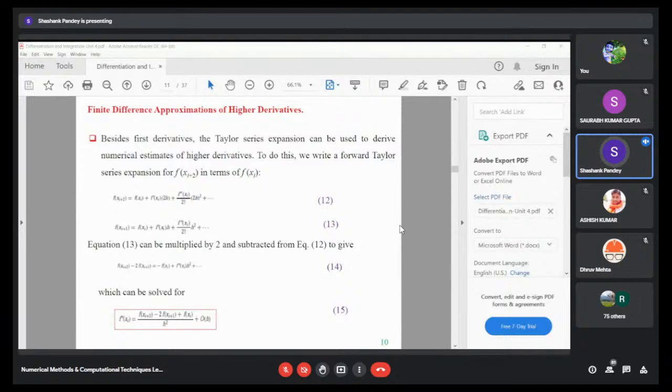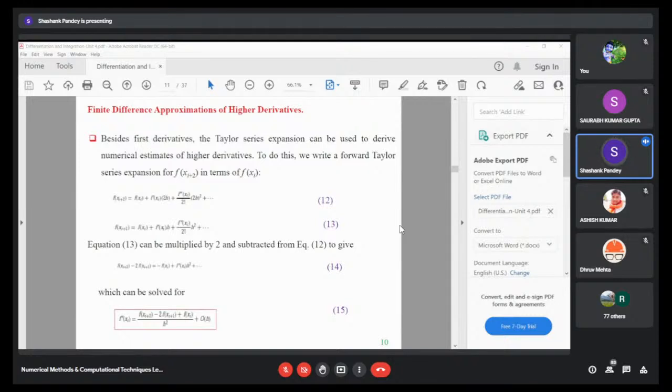From equation number 12, you can see that the step size is 2h. This is the same Taylor series which we were using. And again, we can write it in terms of a step size of unity, step size of 1.